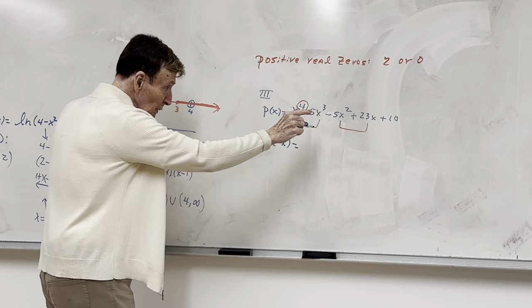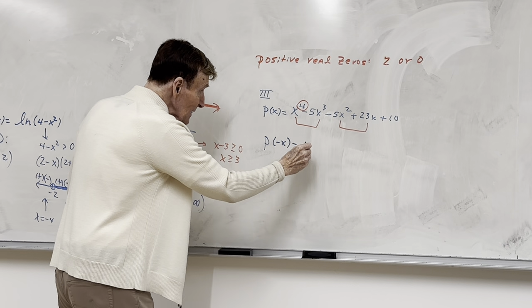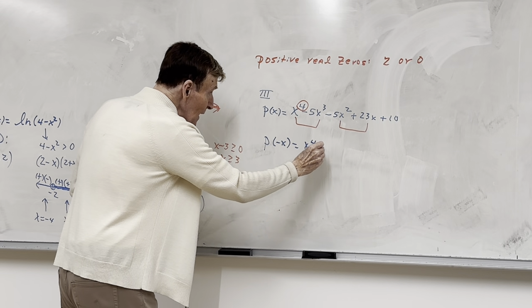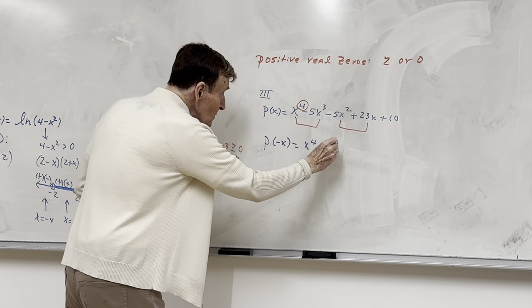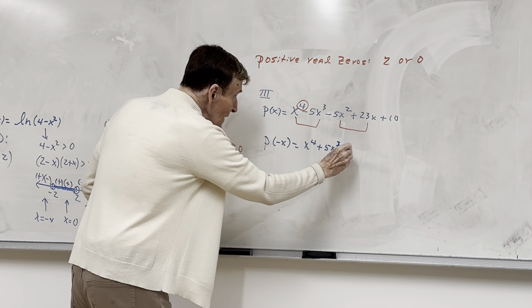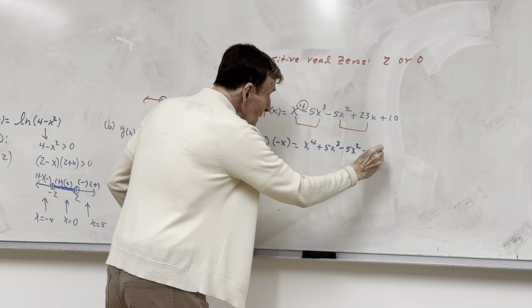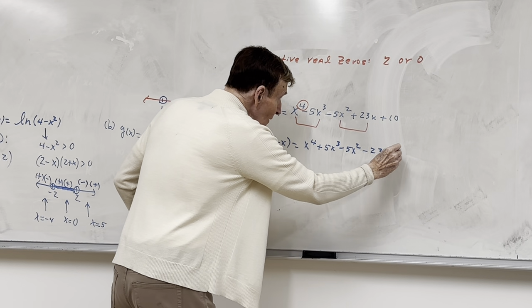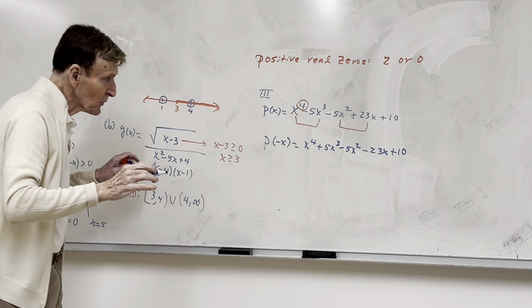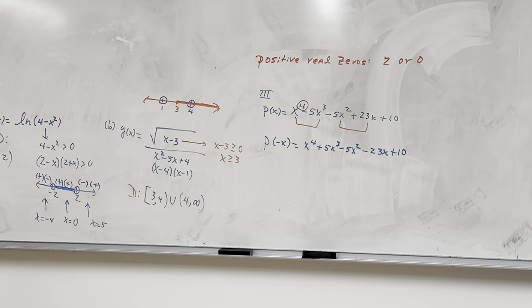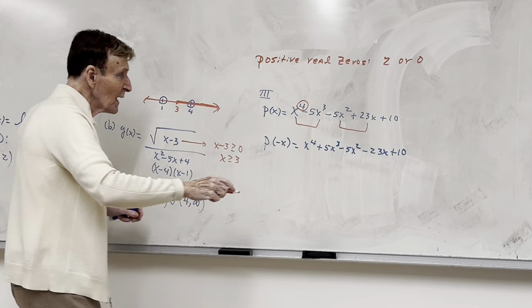So guys, if I go back and replace all those x's by a negative x and clean up correctly without making a mistake, I think it's going to look like this. Let's see if you guys will agree. Is that the way it looks, if you replace x by a negative x and clean up? Yes? No?